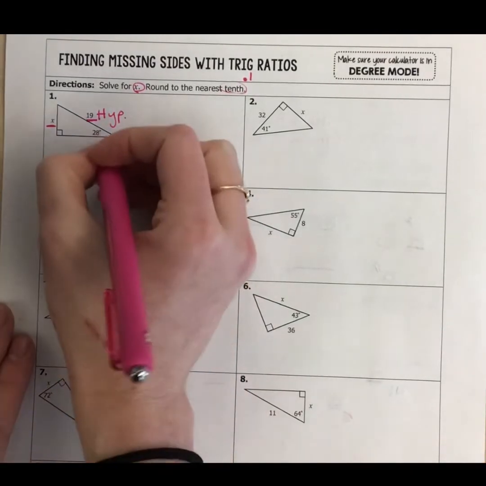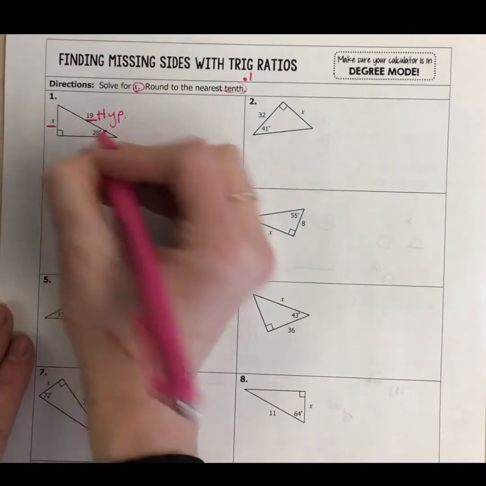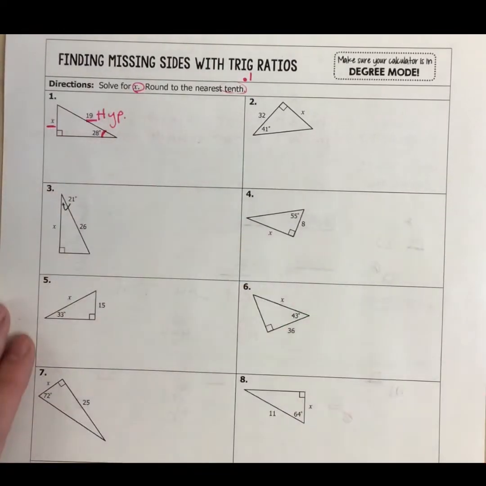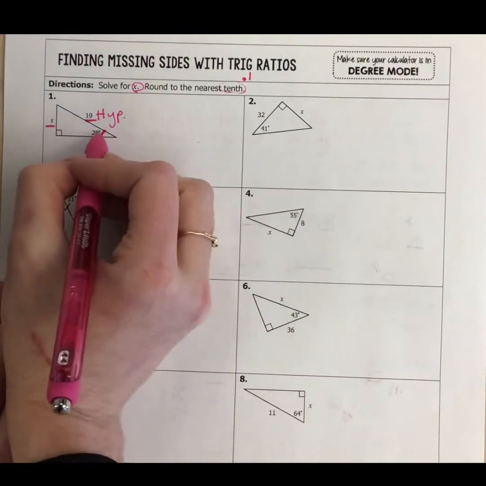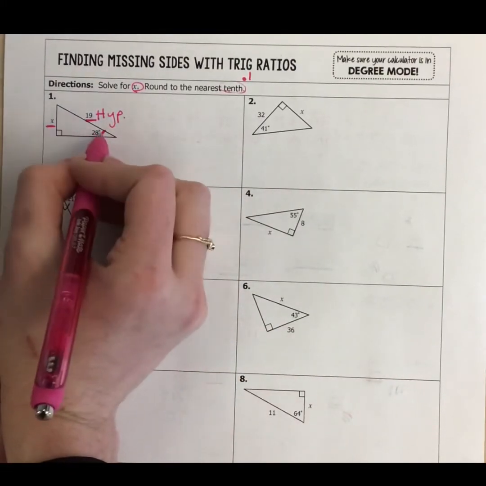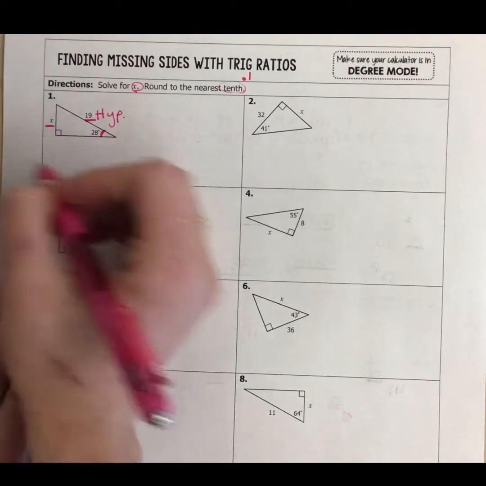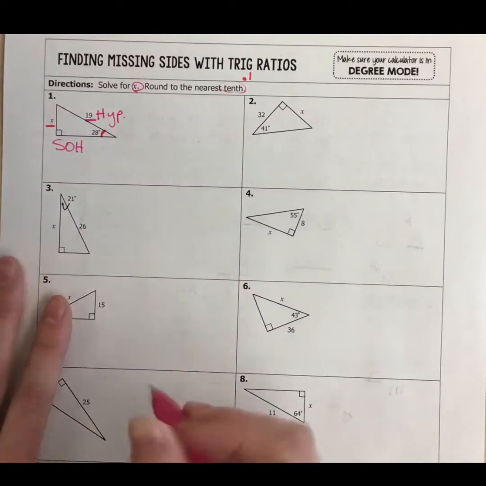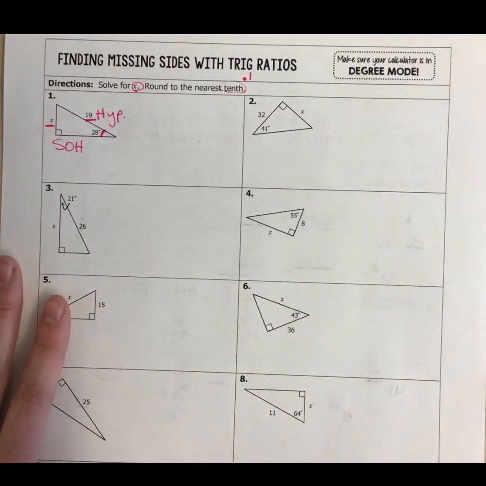And since I'm only really given this 28 degrees as an angle, I am going to use one of my SOHCAHTOAs, one of my trigonometric ratio functions. And since x is opposite of 28, it's all the way across the triangle, we are going to use sine, because it's opposite and hypotenuse.